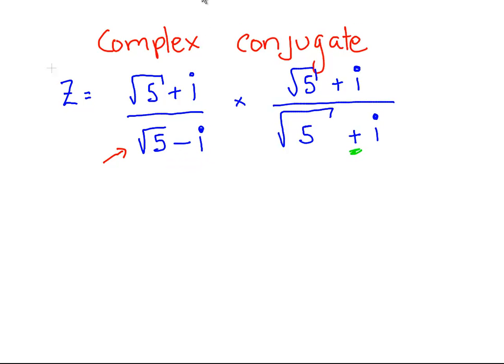So let's multiply these out. If we're multiplying a number by its complex conjugate, essentially what we're getting is the absolute value.